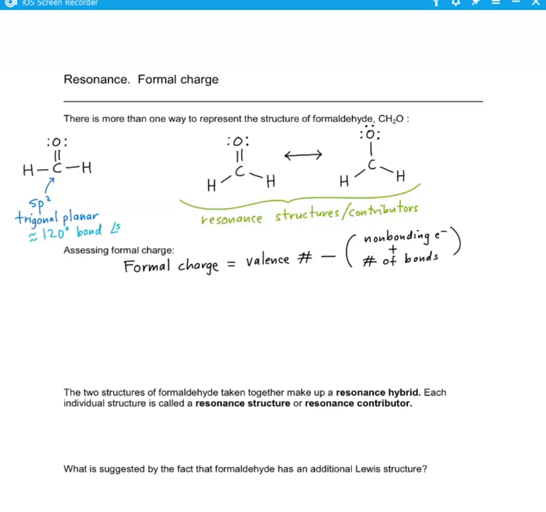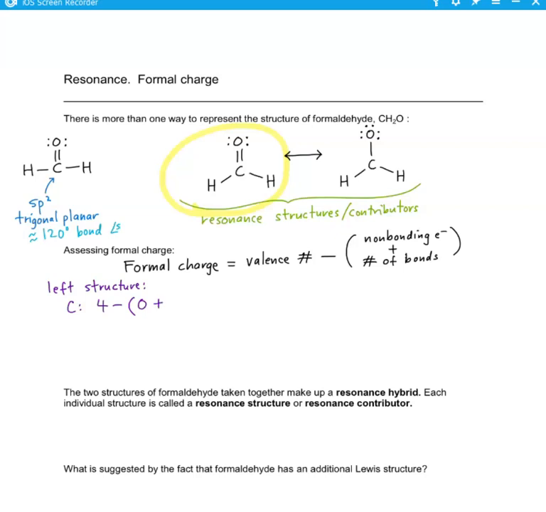So let's do this for the structure on the left. So for carbon, the valence number of carbon is 4. In terms of structure on the left, I'm referring to this one right here. We're all on the same page. So the valence number of carbon is 4, and we're going to subtract from that the number of non-bonding electrons, which in that structure on that carbon, there are no non-bonding electrons, so that number is 0, and the number of bonds.